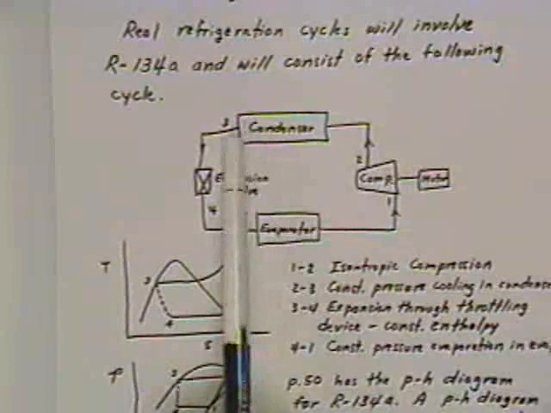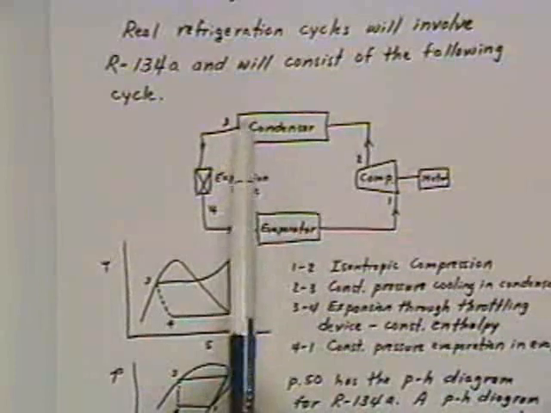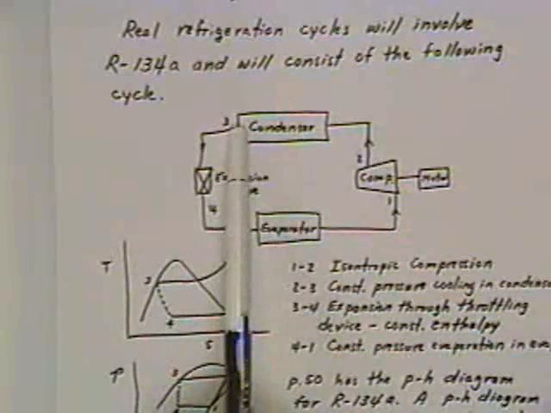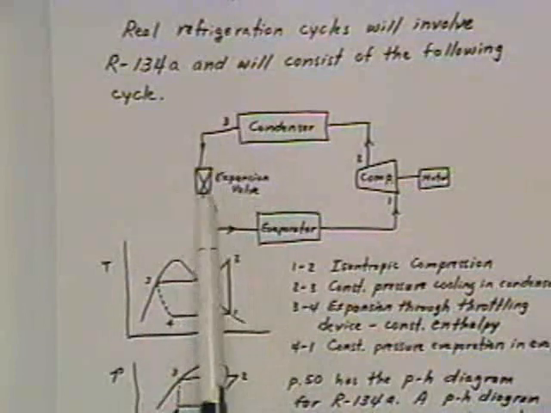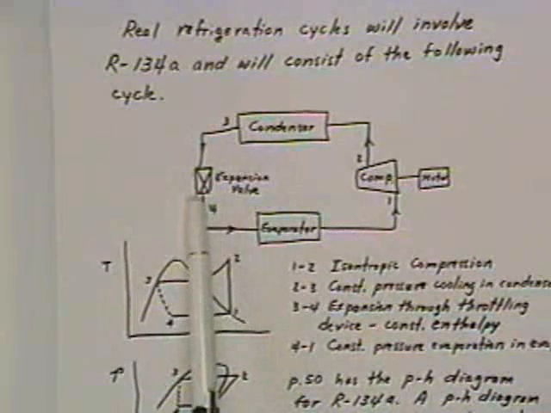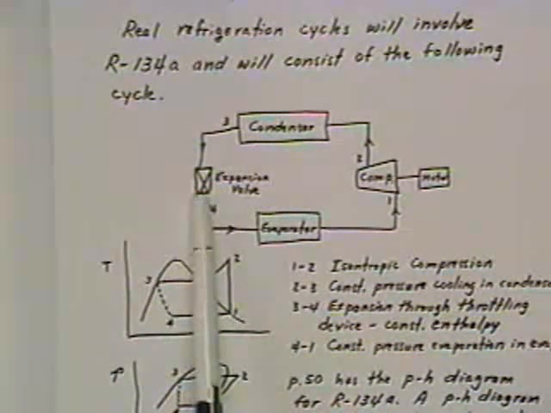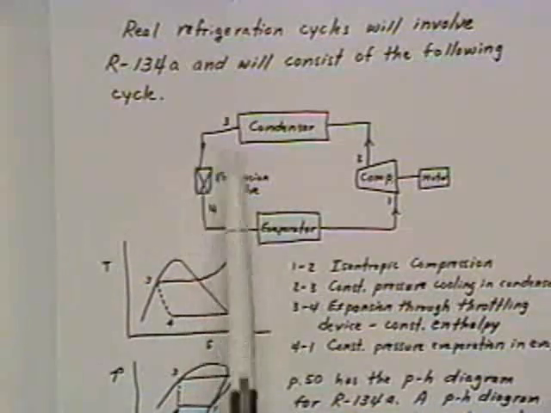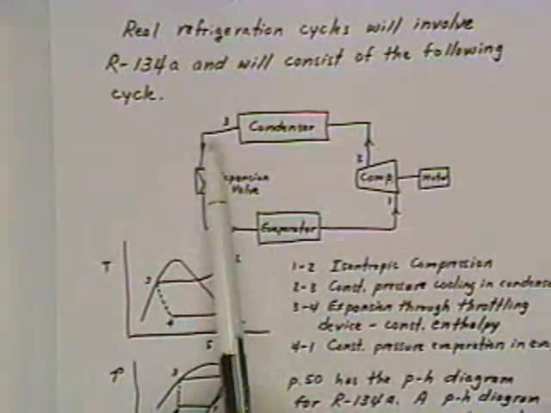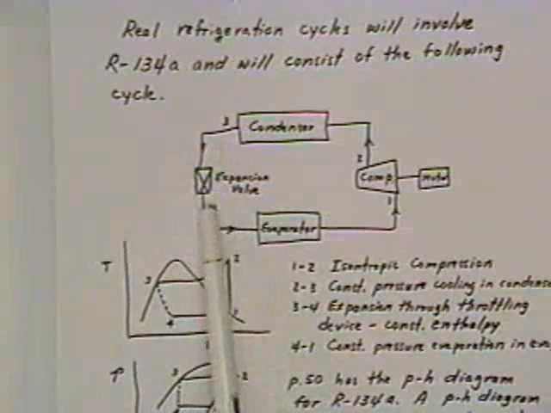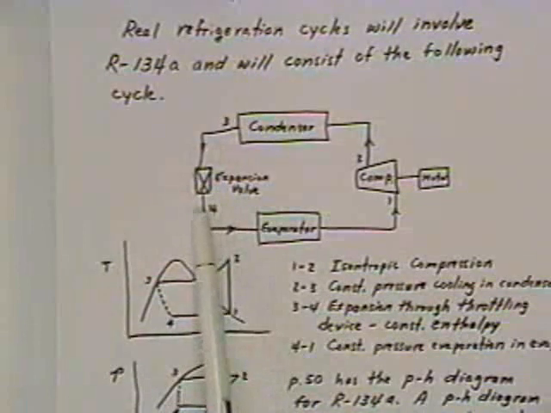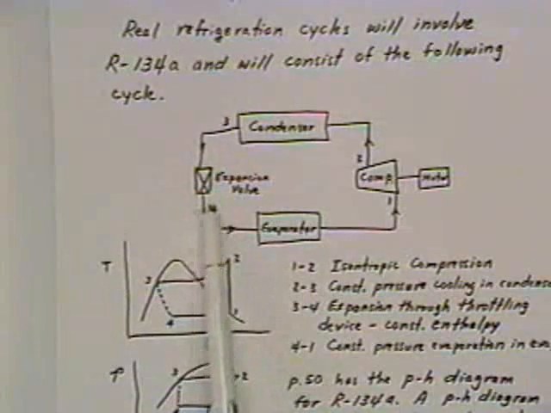However, for our simple refrigeration cycle, we're going to assume it leaves the condenser at saturated liquid conditions. Then it enters some sort of expansion valve. Expansion valve could be a capillary device, it could be a short tube orifice, it could be a longer tube orifice, but typically it's a device that expands the refrigerant from a high pressure liquid condition down to a low pressure mixture of refrigerant and vapor.